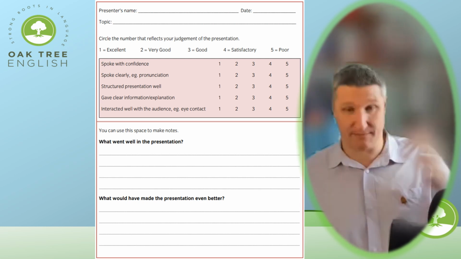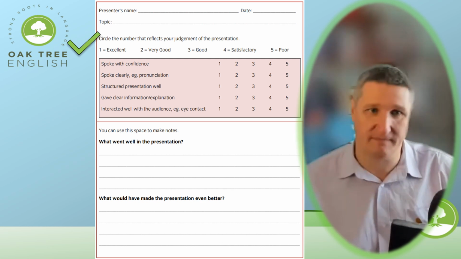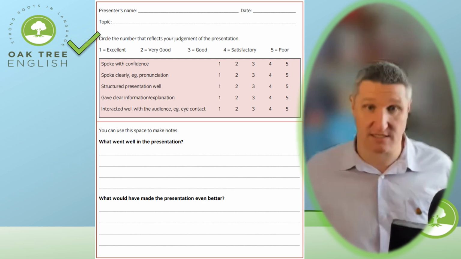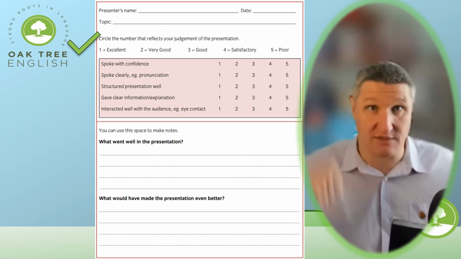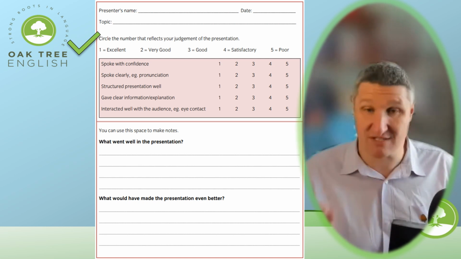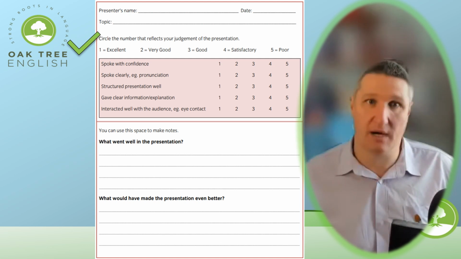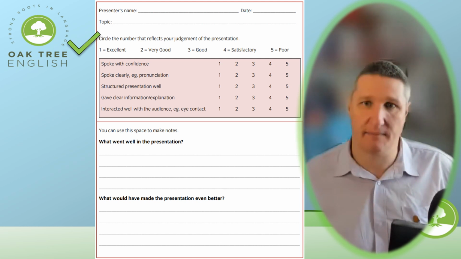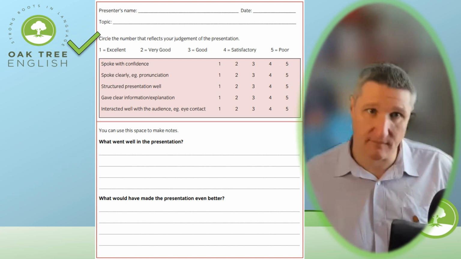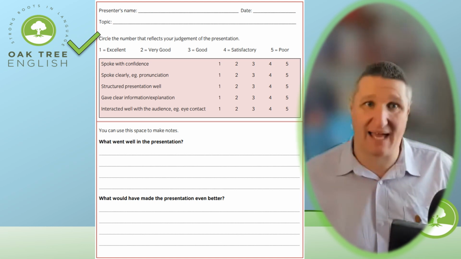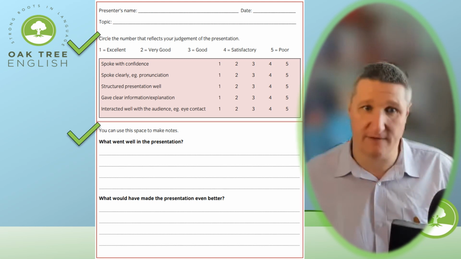So here it's important to remember you are marked on active listening. That is, you're leaning forward, you're making eye contact, and you are clearly responding to what they have said. You're marked on giving positive verbal feedback.